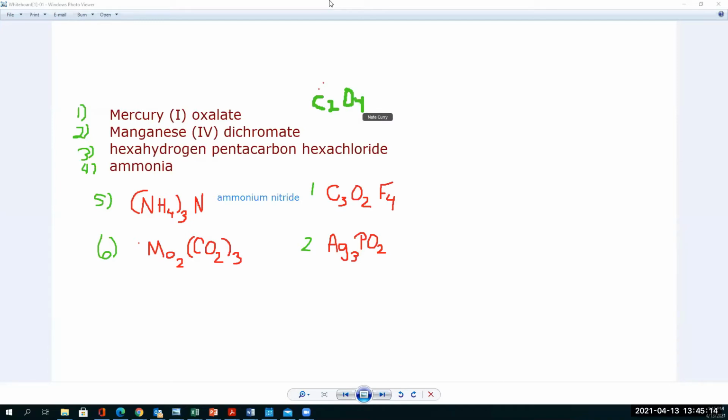That's the charge that oxalate comes with. Mercury, Hg. All right, so what we got was Hg2C2O4, right?